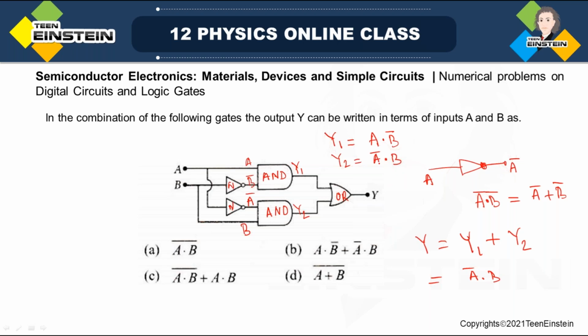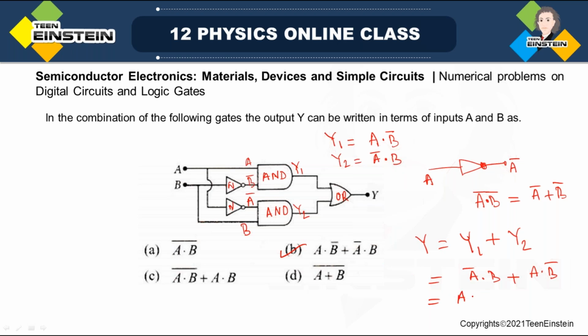Okay, let me write A bar B first: A bar and B plus A and B bar. So this is how we get the result, and you can see this is matching with my output.